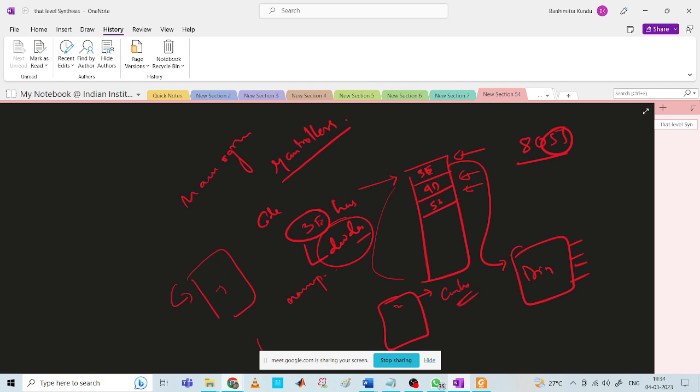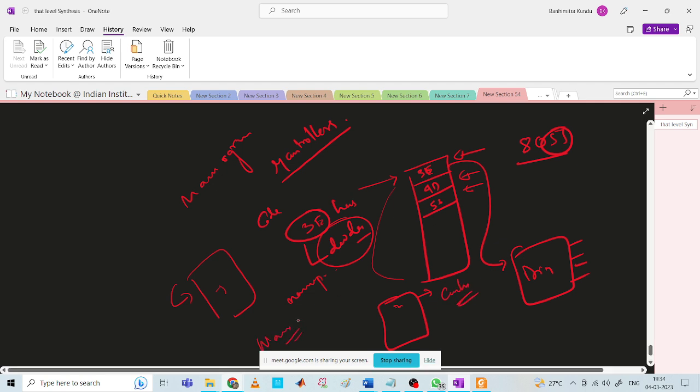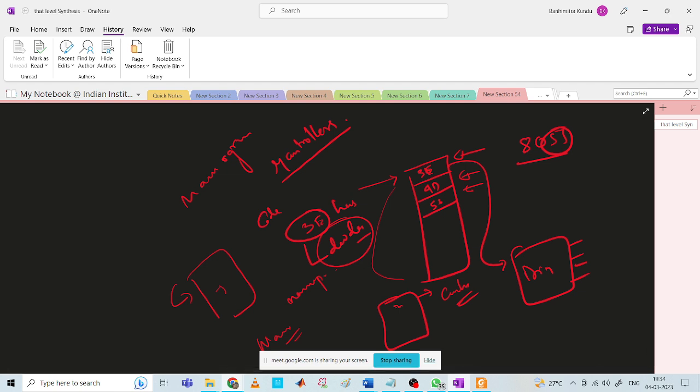So this is called nano programming, and this is extensively used in microcontrollers and microprocessors. And the memory that is used is called nano control memory.